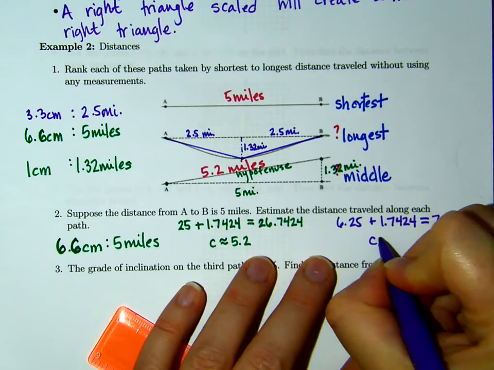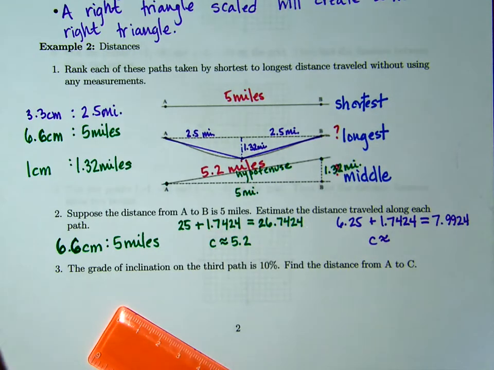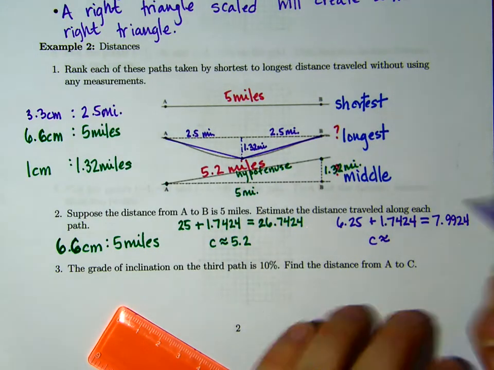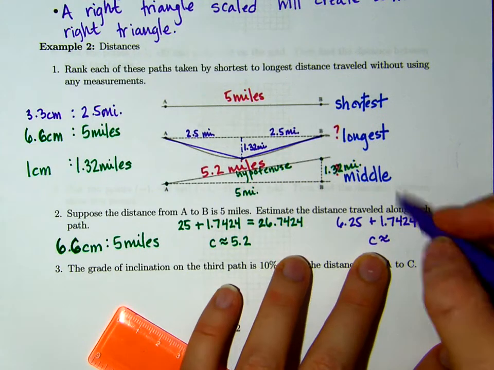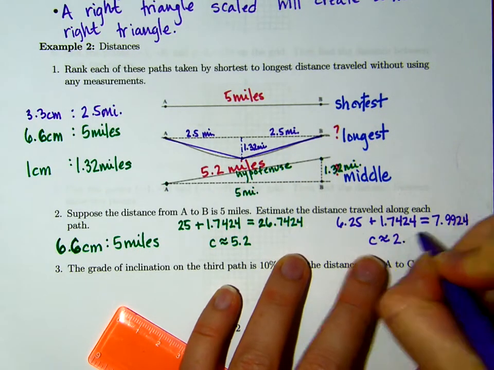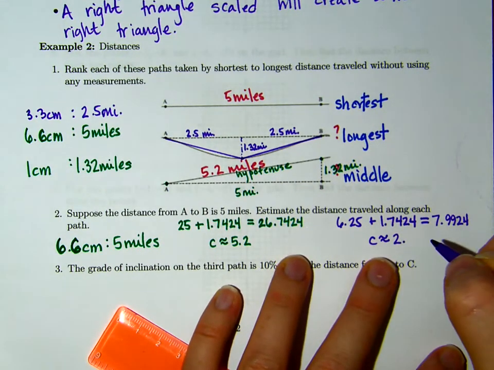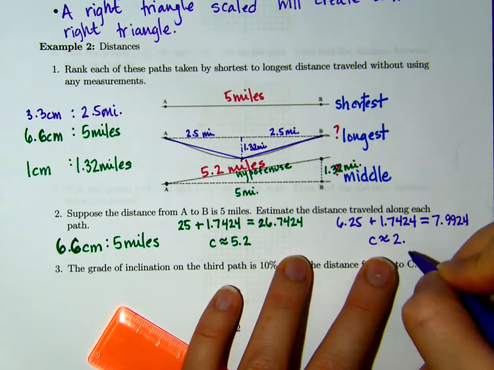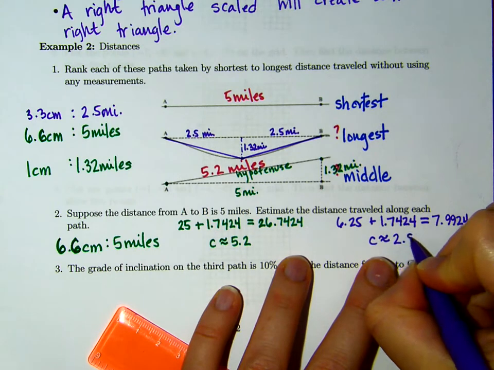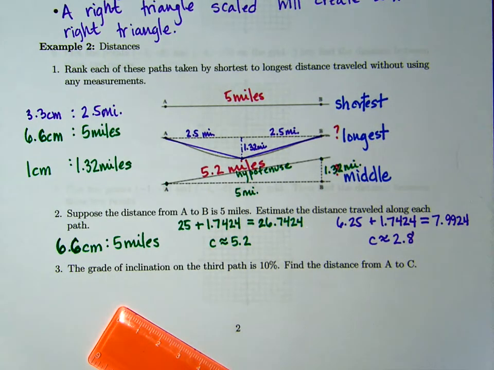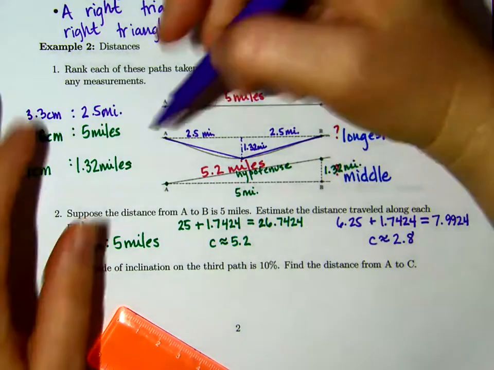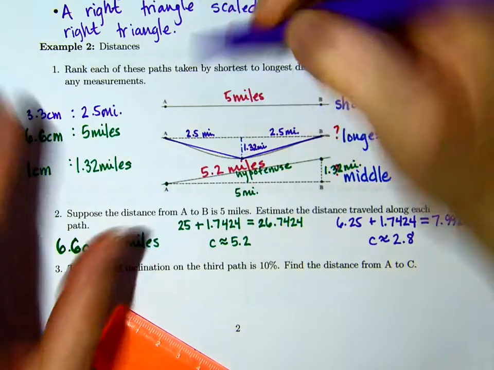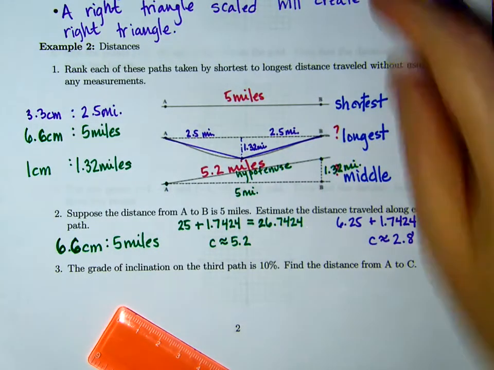And then if I take the square root of that, I get about 2.83. I'm not sure if I'm going to need that level of precision. I'll go 2.8 about. Okay, so that means this distance is about 2.8.